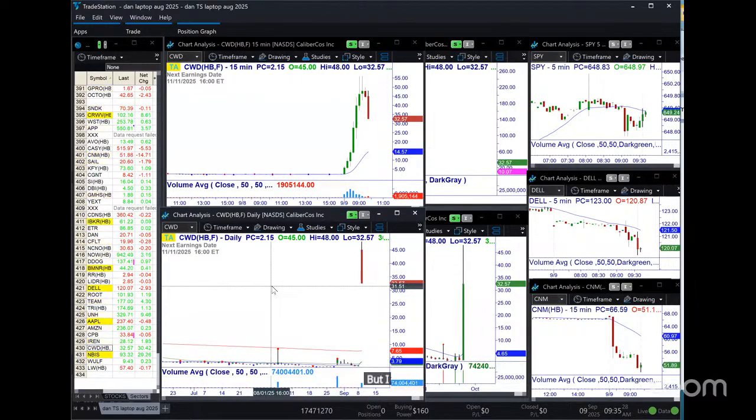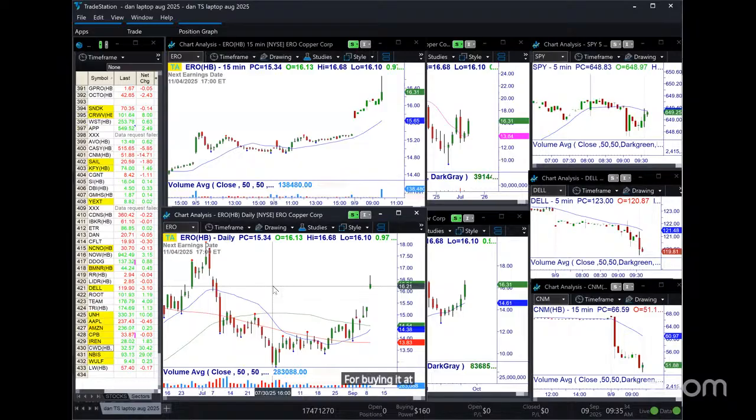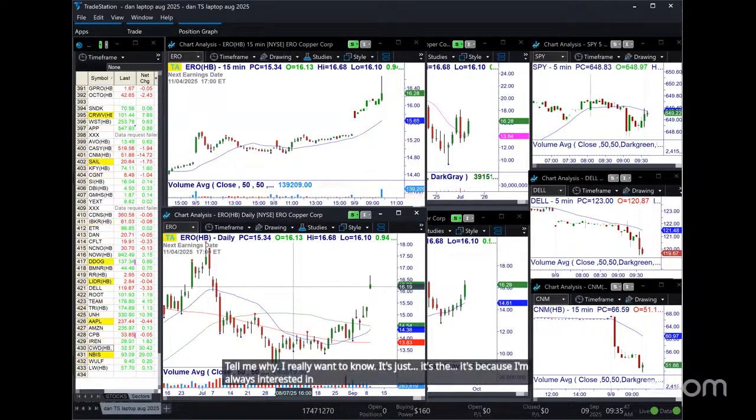But I would love to know the individual's reasoning for buying it at 50 and $55. Tell me why. I really want to know. It's because I'm always interested in trader psychology stuff.